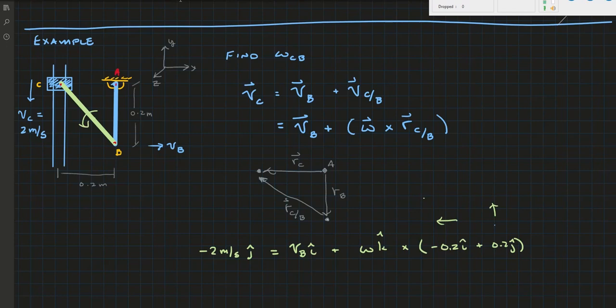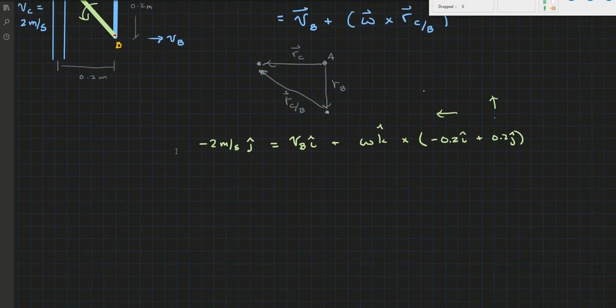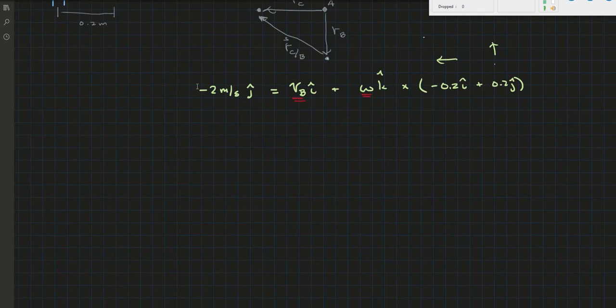Okay, so we've got everything all set up. Notice we have two unknowns here in this equation, velocity of B and omega. We're looking for omega, but let's see how we'll deal with that. First off, let's calculate this, velocity of B. We don't need vector signs here anymore because we're using this representation.